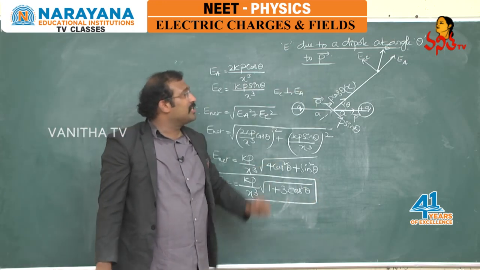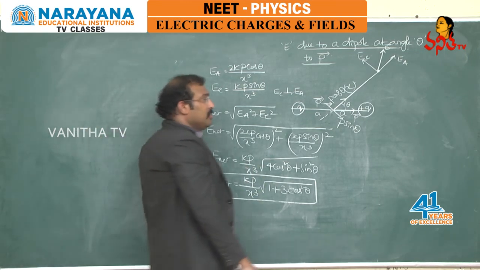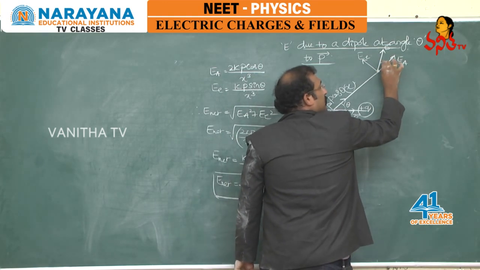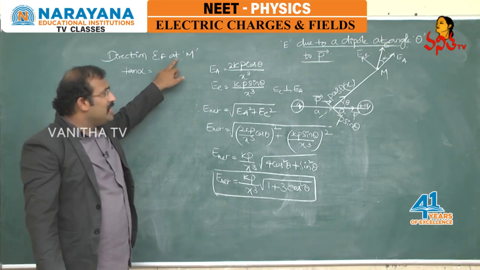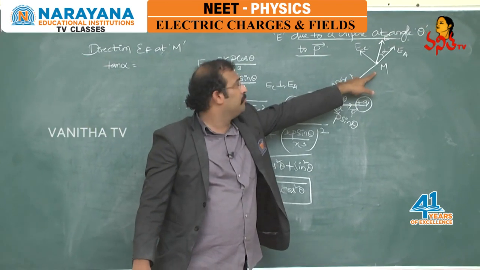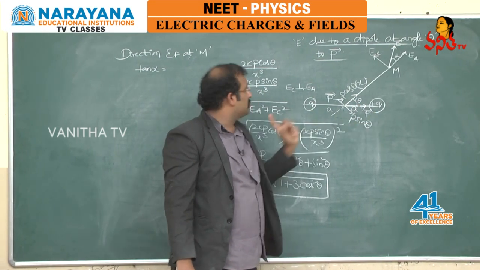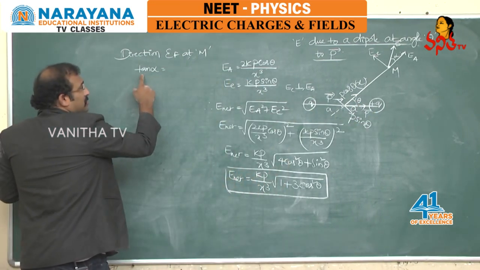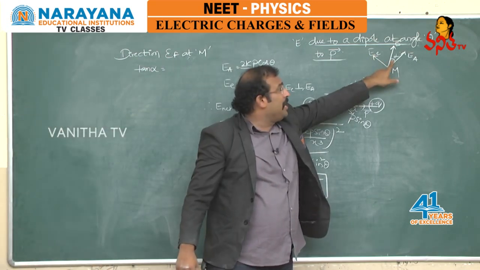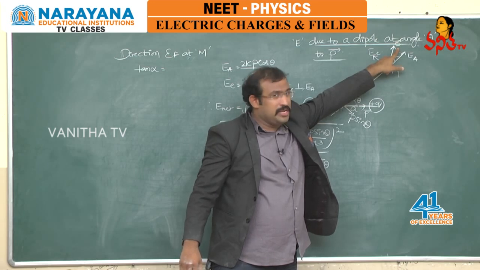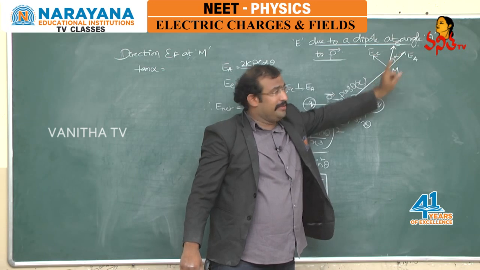What is the direction of this electric field? It can be understood from here. Let this angle be alpha. The direction of the electric field at M, at an angle theta to the dipole moment, is given by tan alpha, where alpha is the angle made by the resultant electric field with the electric field along the axial line.